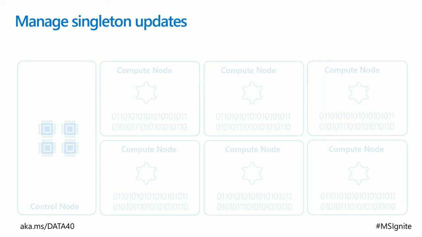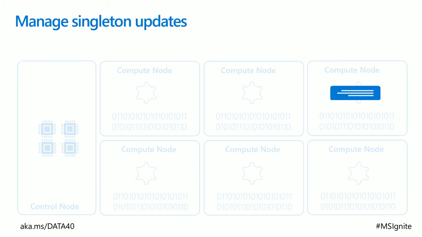Manage singleton updates. PolyBase is at its best if it's doing a mass batch update. I'm not too worried if you're getting the odd statement coming in and being processed, right? It does become a bit of a problem where you start to see loads and loads of different singleton processes coming through, and it's just starting to overwhelm, because that's not good use of the parallel system.